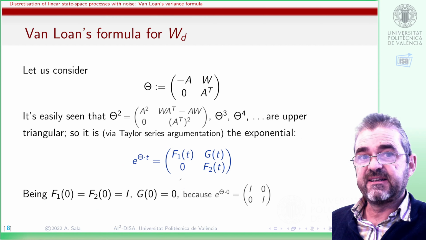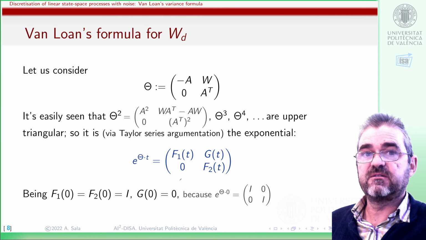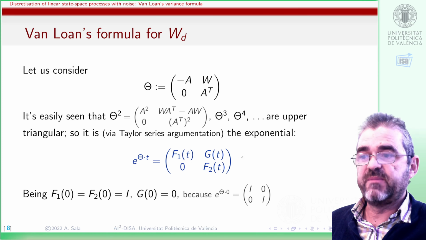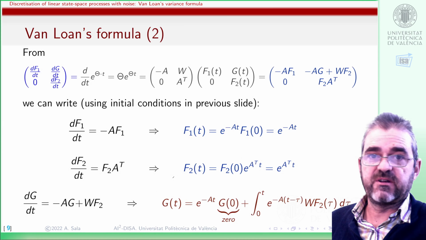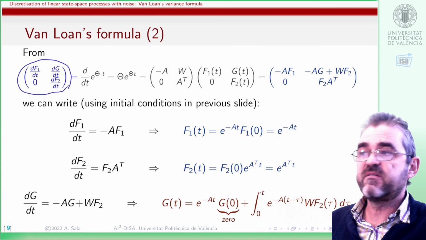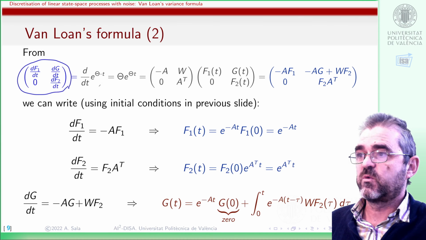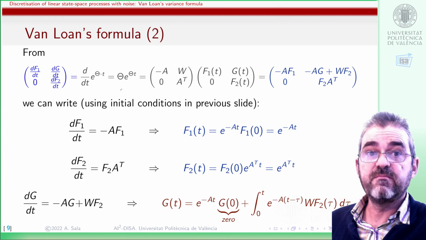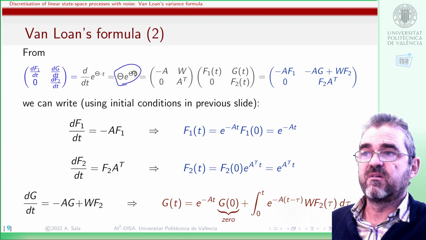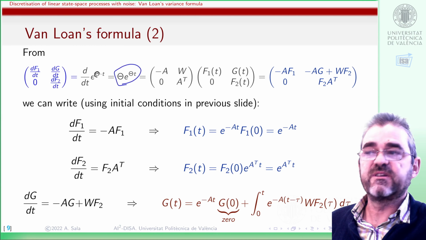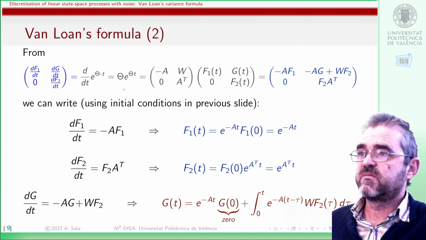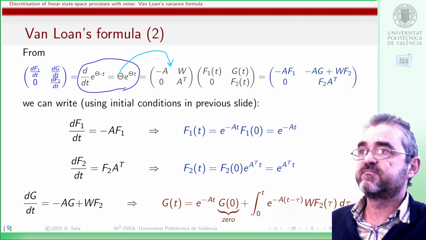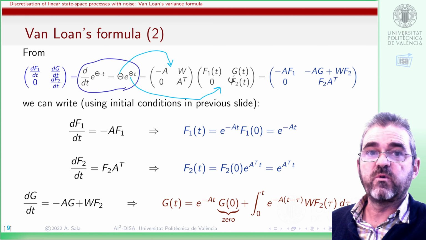Van Loan realized that actually it's not too difficult to compute what this f1, f2, and g will be. Why? Well, because if we take the time derivative of that matrix exponential, it fulfills this thing. You know, the exponent goes down. So thanks to this nice property of matrix exponentials, this is capital theta, this is the exponential we wish to compute.